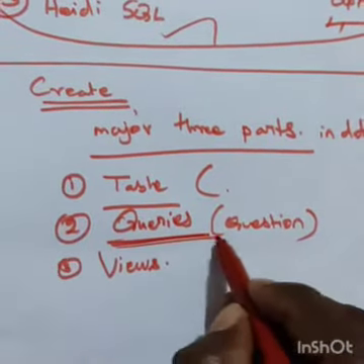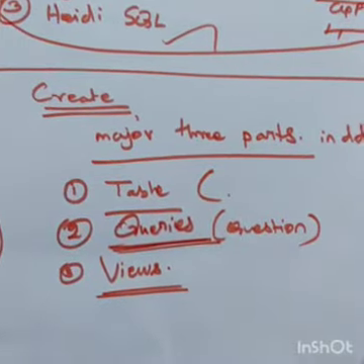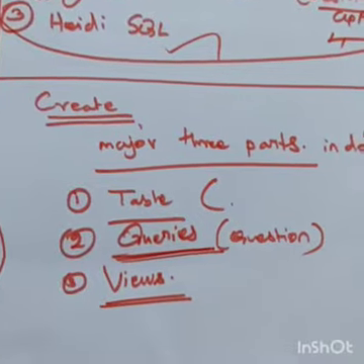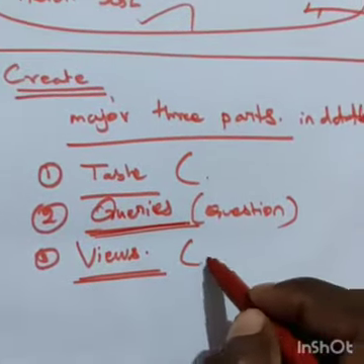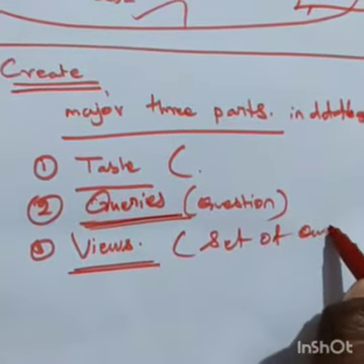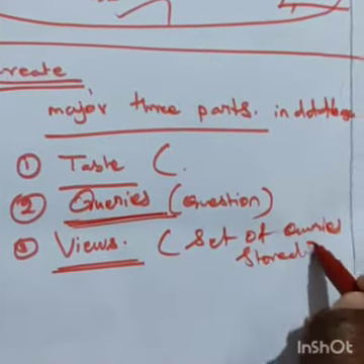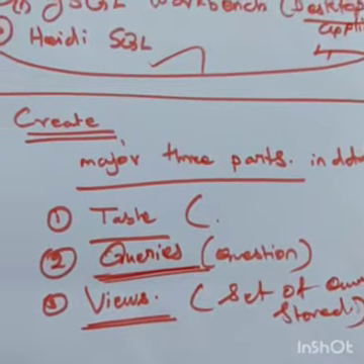That is the query. What are views? Views are for recovering and showing to the user. You can store a set of queries. A set of queries stored is called a view.